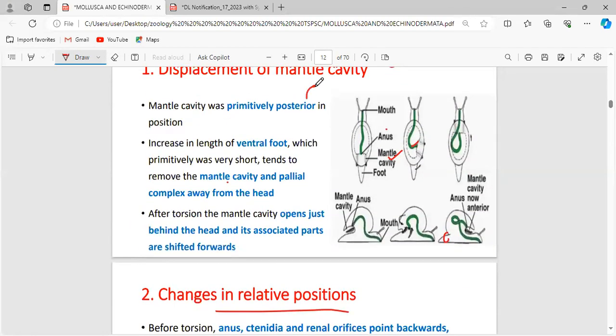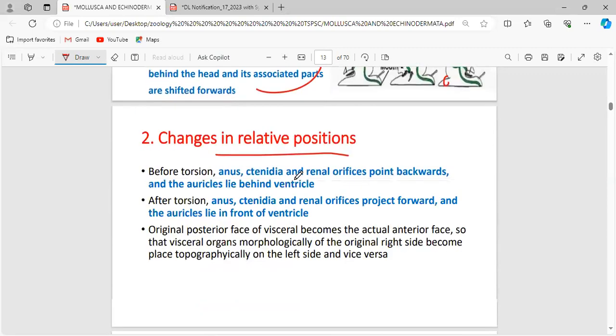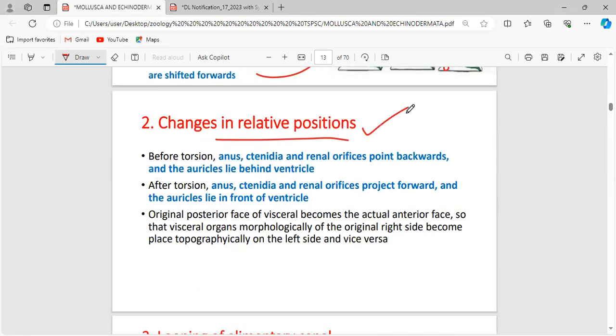Now after the twisting has happened, see, the relative positions are changing. This will be your question. Before torsion, anus, ctenidia, and renal orifices pointed backwards, which means in the posterior region, and the auricle lies behind the ventricle.